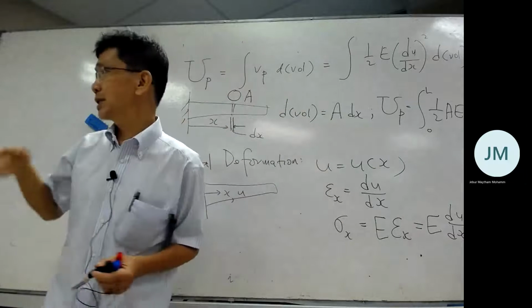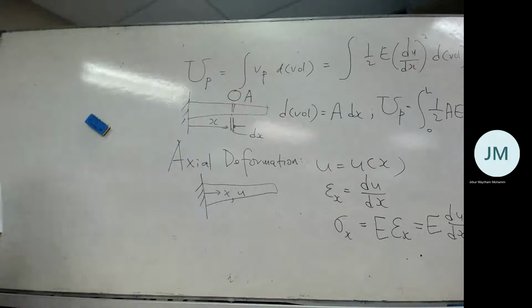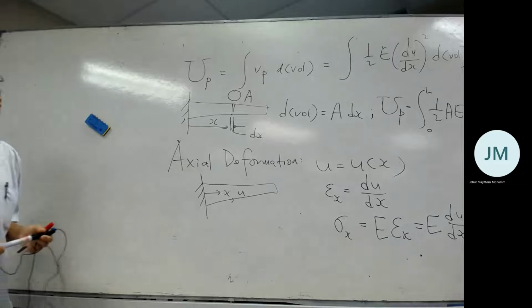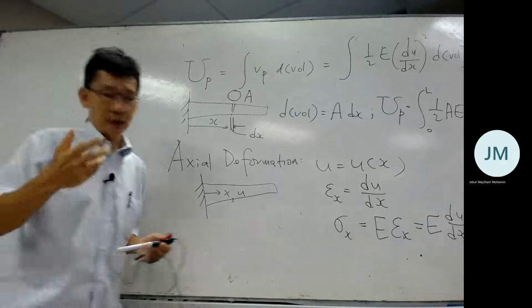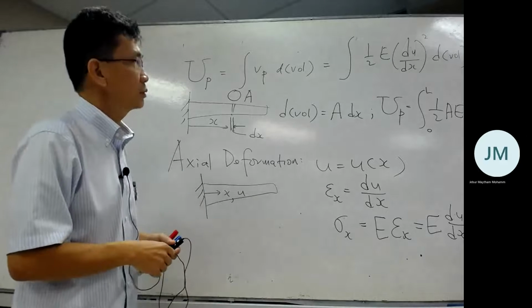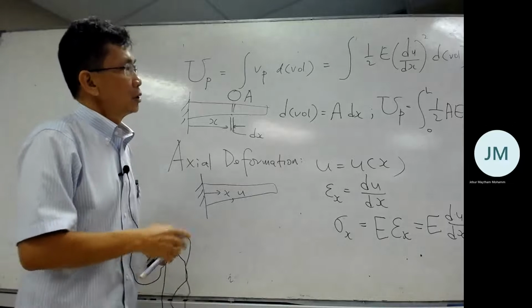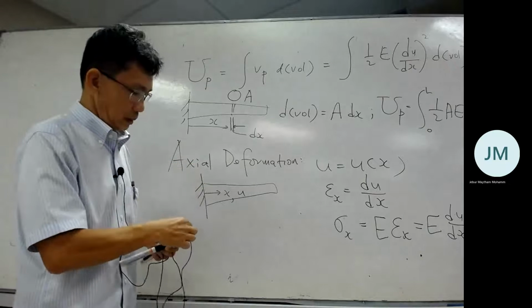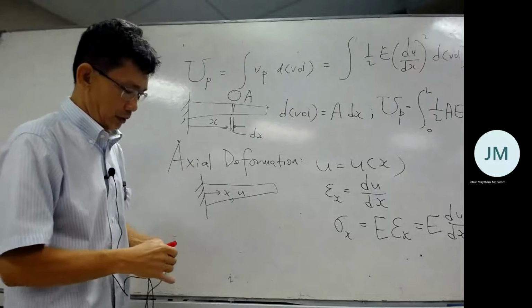This process is explained in detail in the notes. I just summarize the process. You can refer to the notes again, and I have also recorded this. I will try to find a way to share it with you later if you want to refer again.